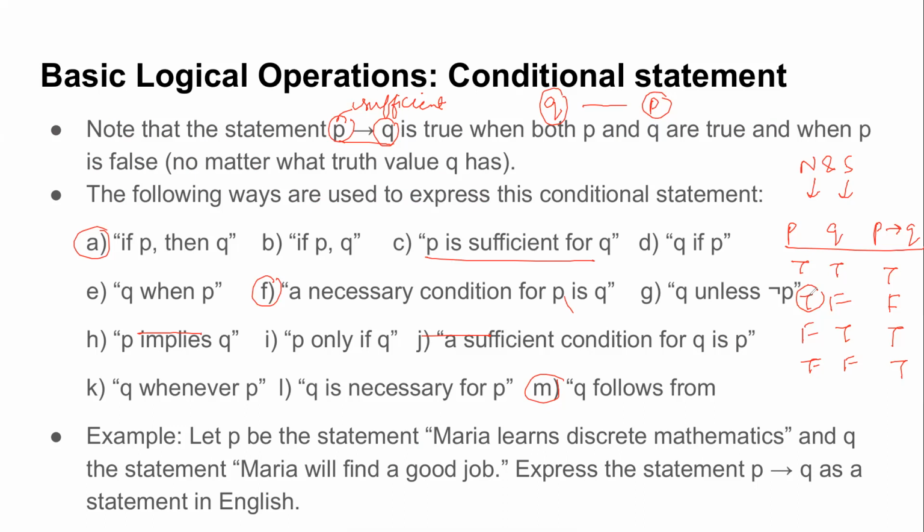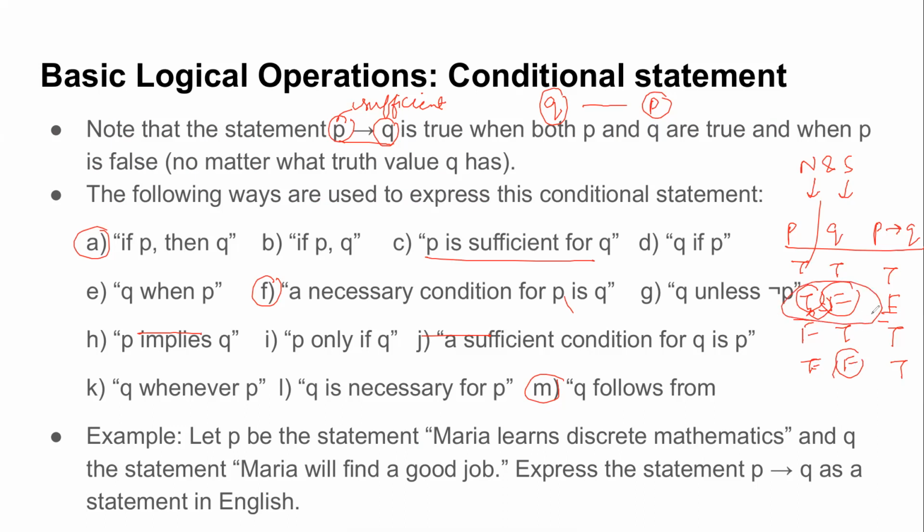And that is where it implies that the necessary condition for P is Q, because only the case where Q is false and P holds, it will be false, right? If you look at the other condition where Q is false, but P also does not hold, it's not a determining factor.